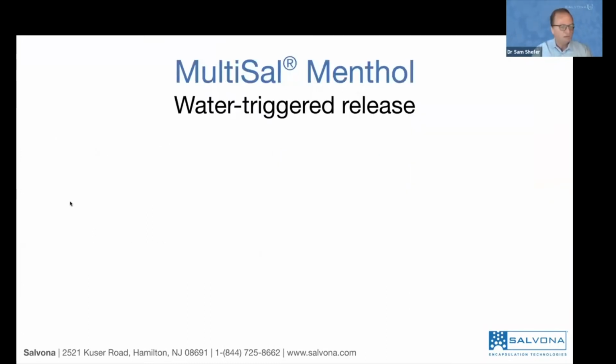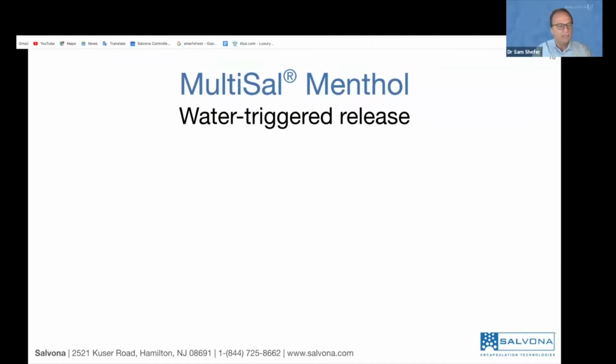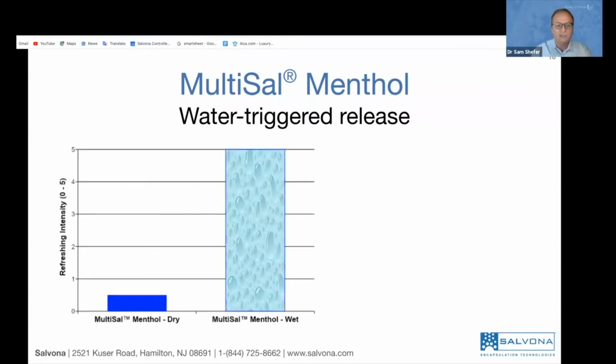The other feature that is critical in our game is the ability to release. So holding back is the stability, but if it doesn't release, we don't have a good product. How do we trigger the release? In this case, it's obvious, it's with water.